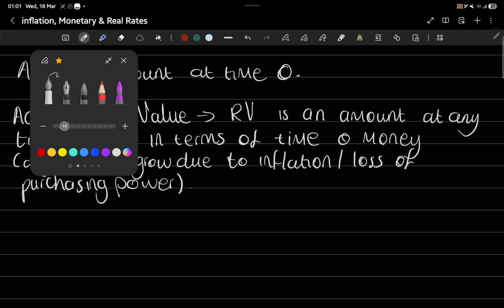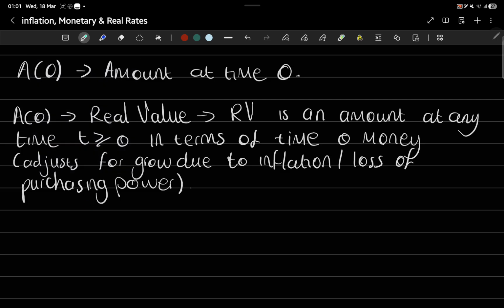So a real value is any amount really which can be at the present or in the future. By the way, a present value of an amount, so if you're at time t and you're given an amount at time t, that value will always be a real cash flow. Cool. So a real value is an amount at any time, any positive time t, in terms of time 0 money, time 0 being the present.